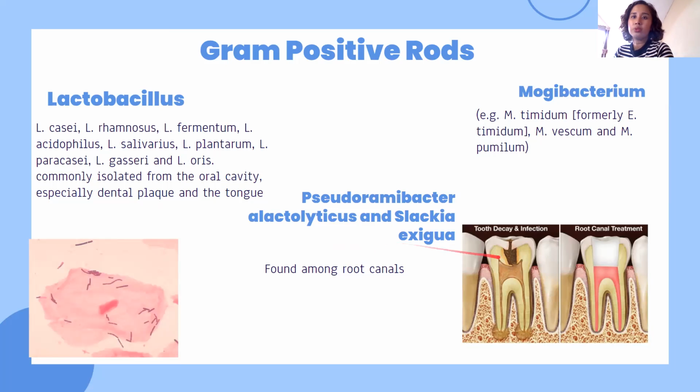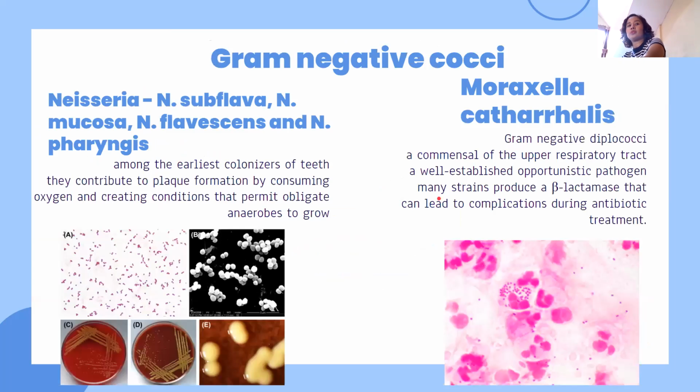So in a drilled or damaged, perhaps deactivated root canal, you will find these bacteria. Gram-negative cocci, so they are pink. Neisseria and Moraxella usually come in pairs, and they are spherical, in pairs.